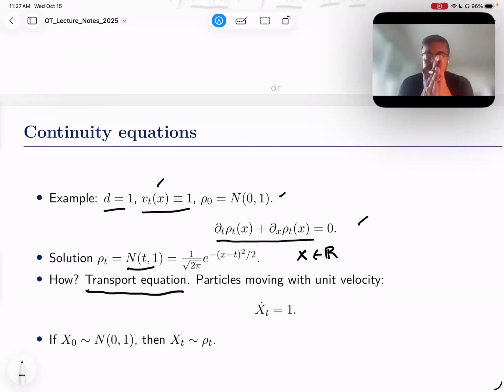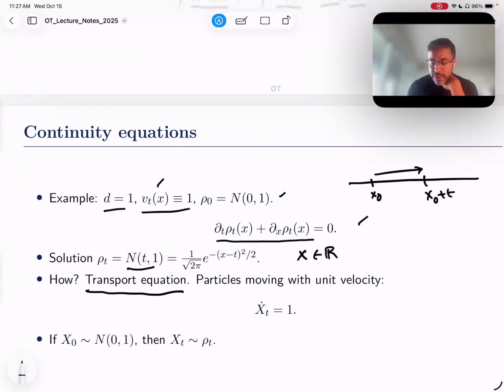Imagine that you have a bunch of particles on the real line where every particle is moving with unit velocity to its right. So I have a particle, this is my real line. I have a particle which starts at x0, and after t amounts of time, it's at x0 plus t. So it's moving with unit velocity. Imagine that there are a bunch of particles shaped like a normal distribution.